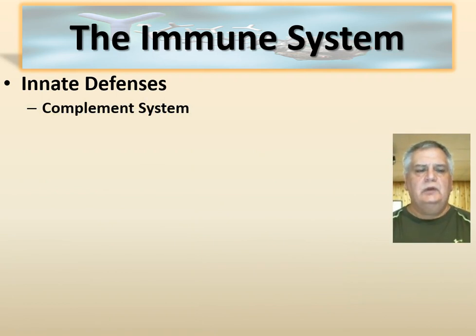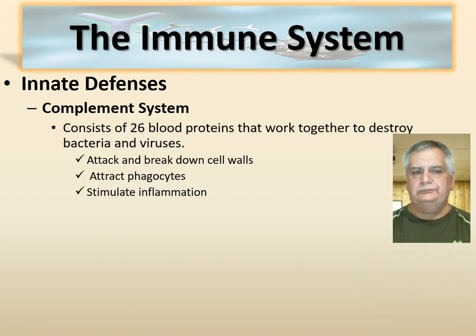All right, moving on. The next component of the innate defenses is what we refer to as the complement system. The complement system consists of 26 blood proteins that work together with the immune system to help destroy bacteria and viruses. I have 26. I've seen as low as 11 blood proteins that different authors talk about, and I've seen as high as 30, so I just picked an intermediate number. You'll see a different number a little bit later on.